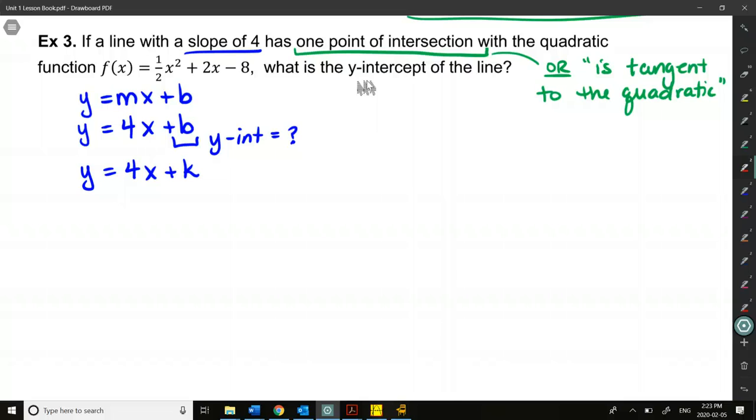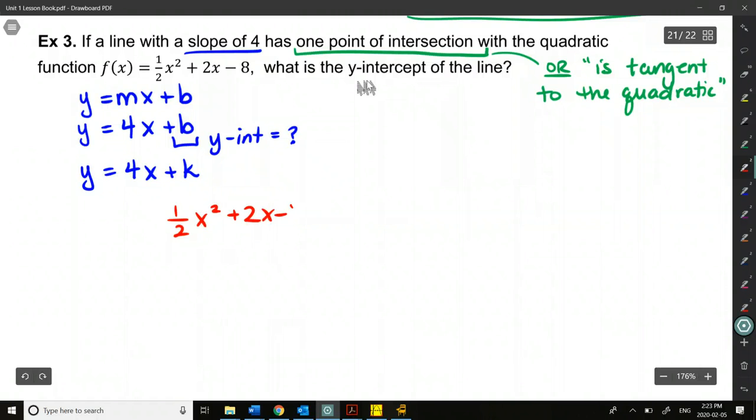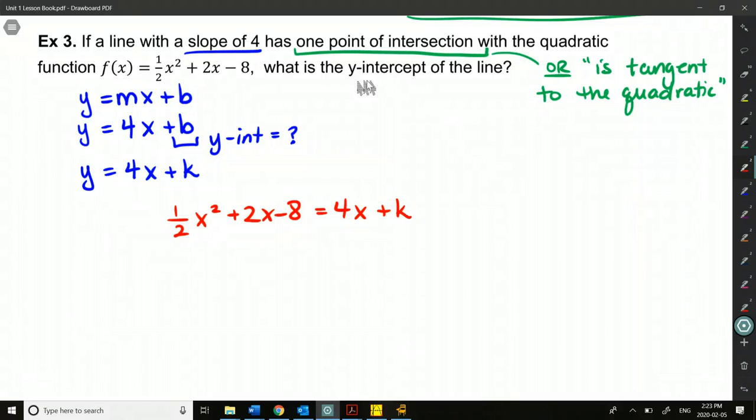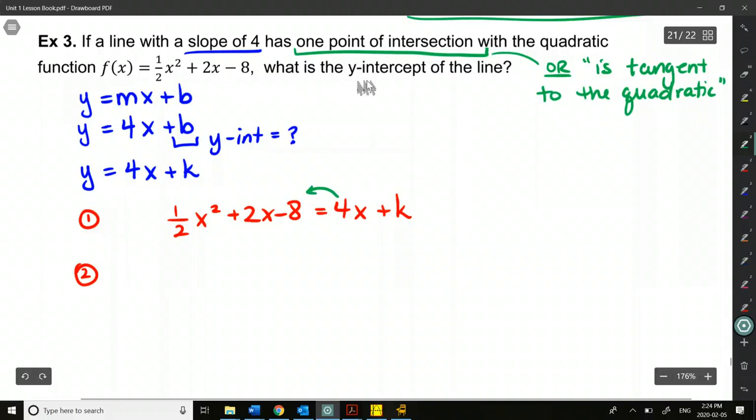Okay, so we're going to set the two functions equal to one another, just as we normally do. We're going to move everything to one side, so we're going to follow steps 1 and 2 as usual. Move everything to one side, simplify where you can.